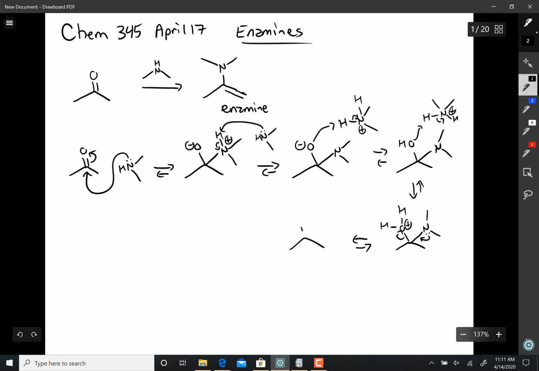Now, in imine formation, you have a hydrogen attached to the positive nitrogen that you're going to deprotonate to form the imine. But in this case right here, we don't have a hydrogen off that nitrogen to deprotonate.